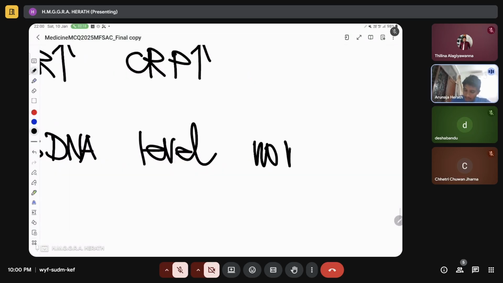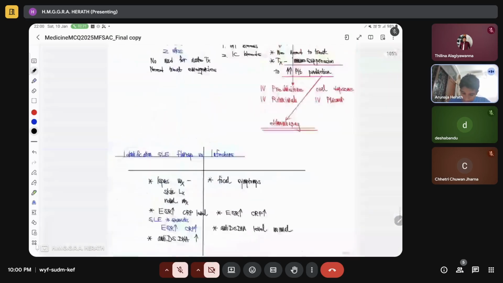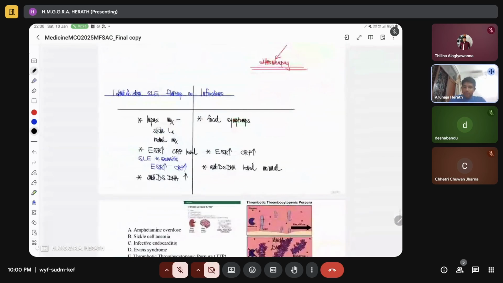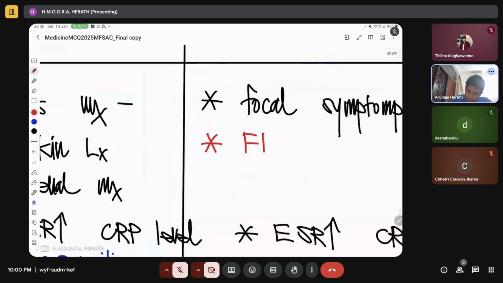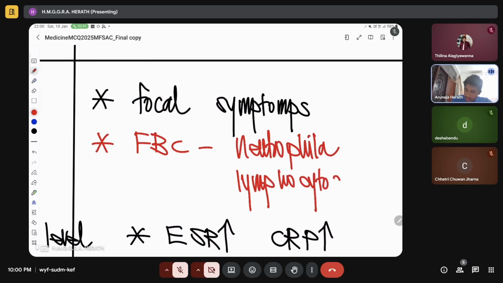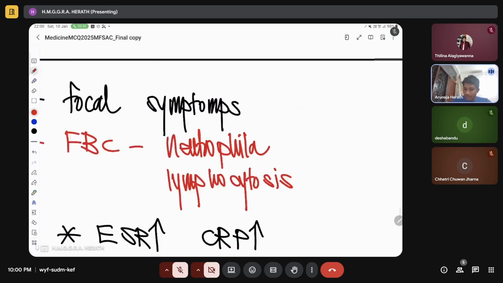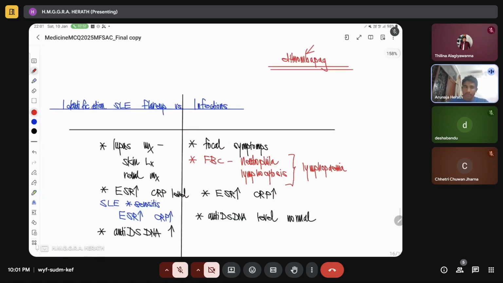You can also do a full blood count and check for neutrophilia and lymphocytosis in an infection. However, these are sometimes doubtful in patients with lymphopenia. SLE can commonly cause leukopenia, so with infections this will of course be low.